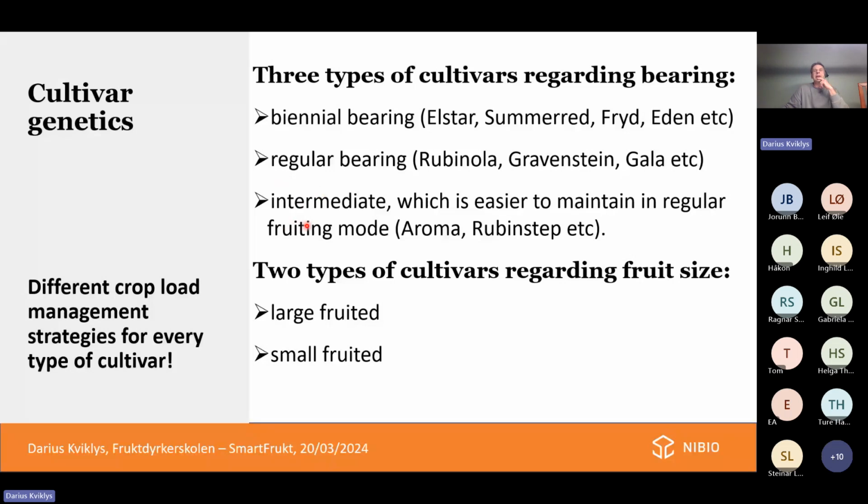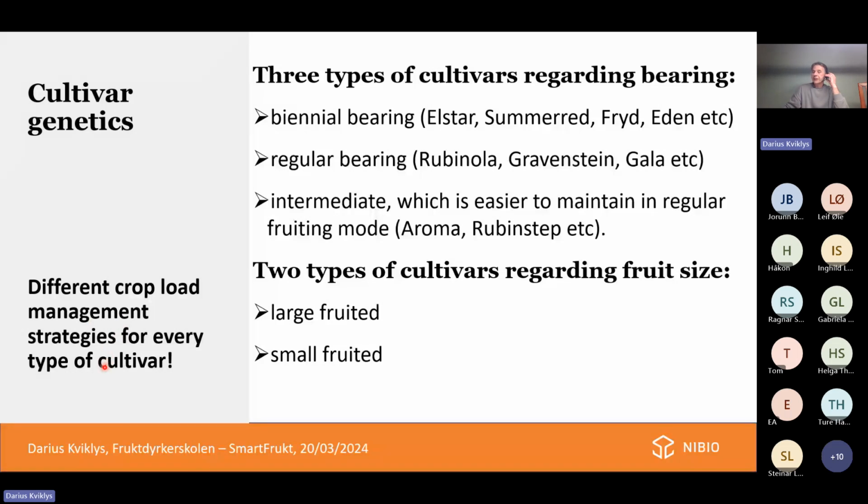And we have an intermediate type of cultivars, which is easier to maintain in regular fruiting mode. Regarding fruit size, cultivars can be split into two groups: large fruited varieties and small fruited varieties.